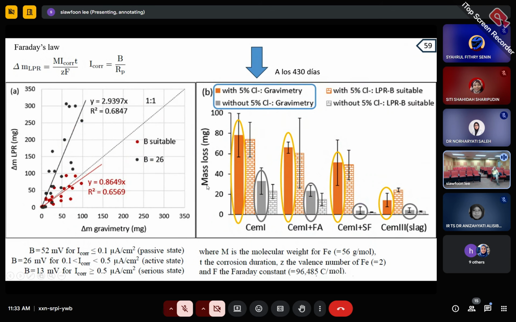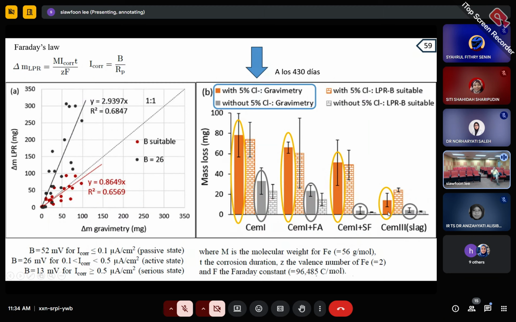So here we study the mass loss. The mass loss here refers to the steel: how much mass the steel lost due to corrosion. If you look at the solid orange one, it is with 5% chloride.